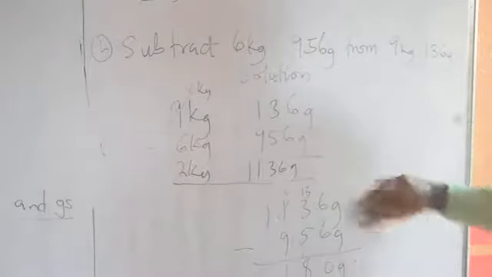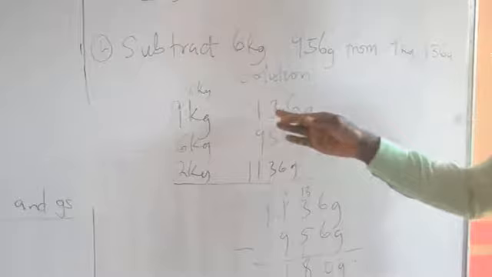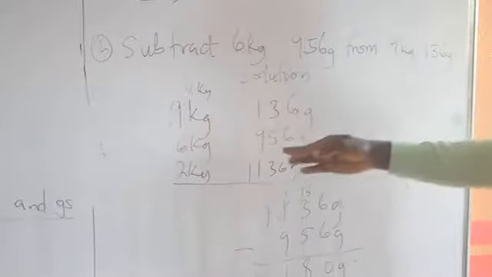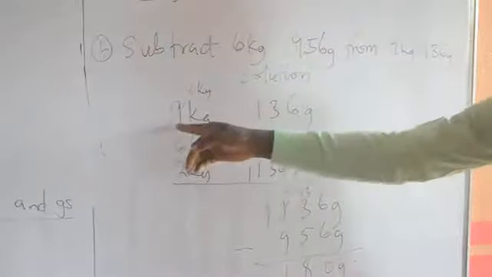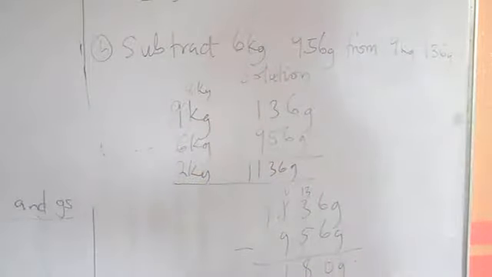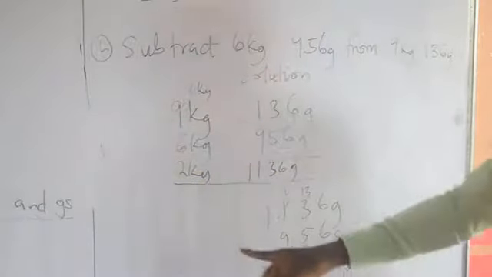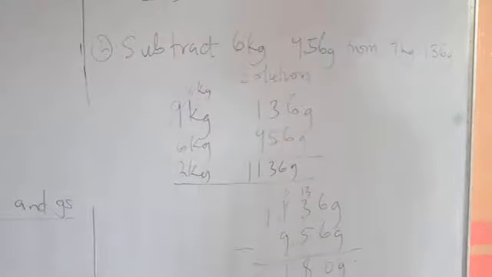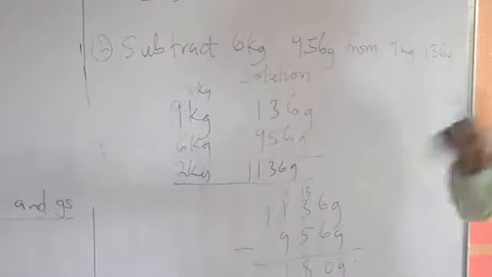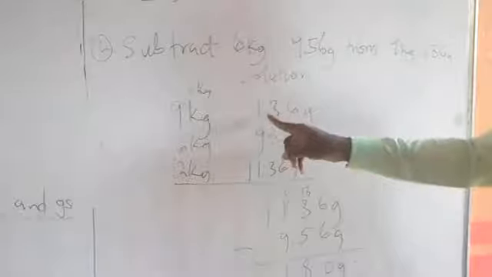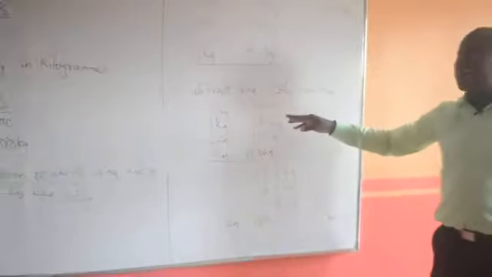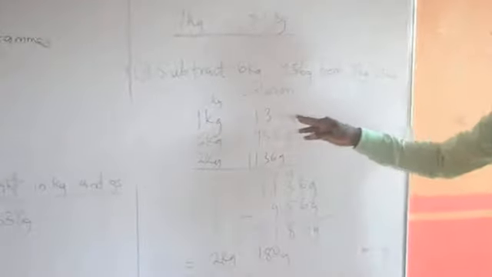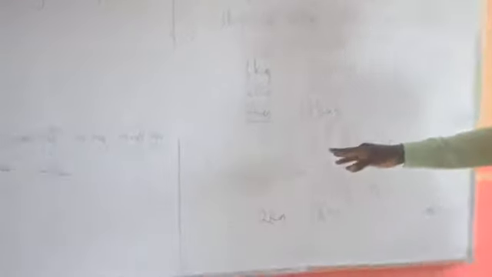Knowing fully well that 136 gram cannot minus 956 gram, we'll borrow 1 from the 9 kilogram. And that one we borrowed is equivalent to 1,000 gram. So we'll add that 1,000 gram to 136 gram.